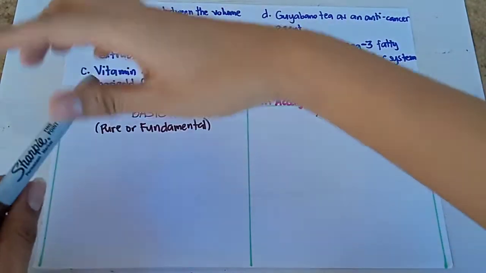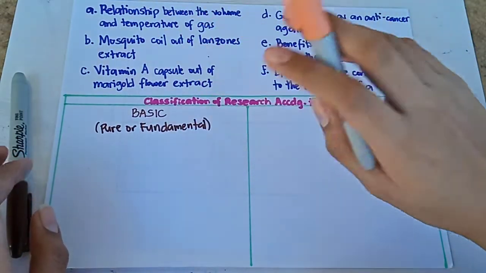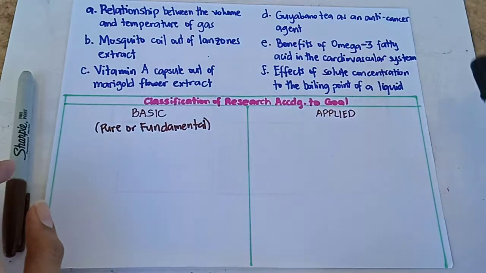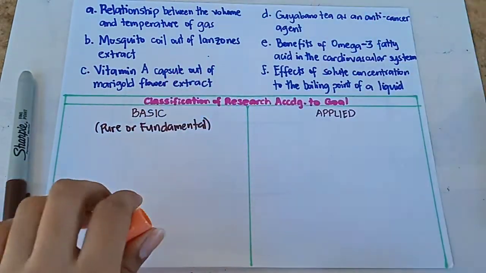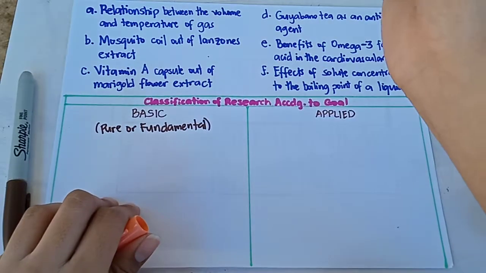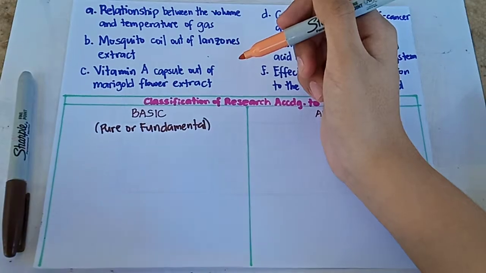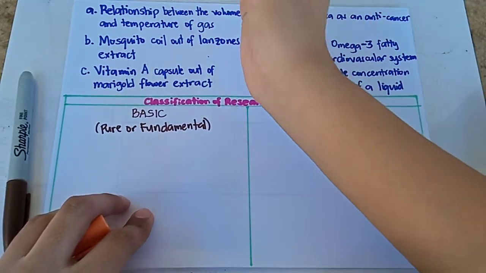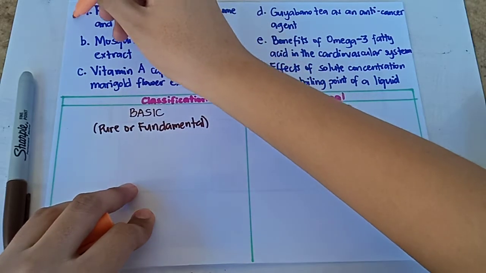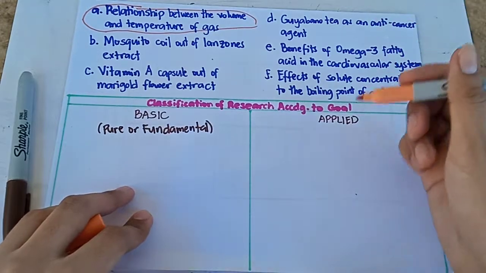The ones that I'm going to encircle are those that will fall under basic research. These concepts that I will encircle in orange color will be examples of basic research. First, the relationship between the volume and temperature of gas.